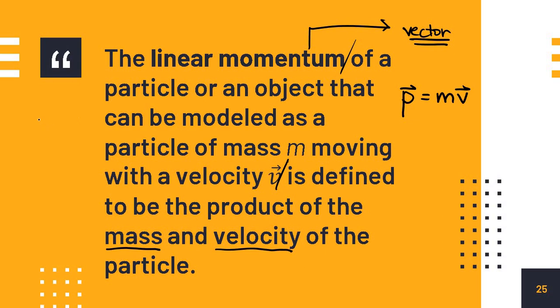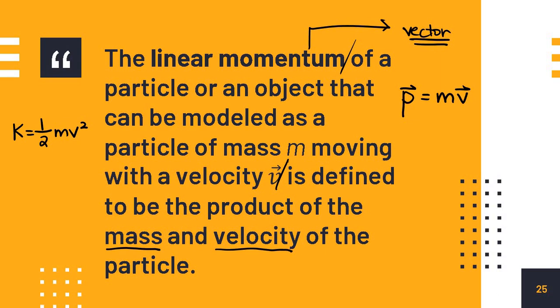It's written in this format: 1/2 mv squared, and we know that this equation is for the kinetic energy of the object. So just like linear momentum, we also use mass and the magnitude of velocity for kinetic energy.